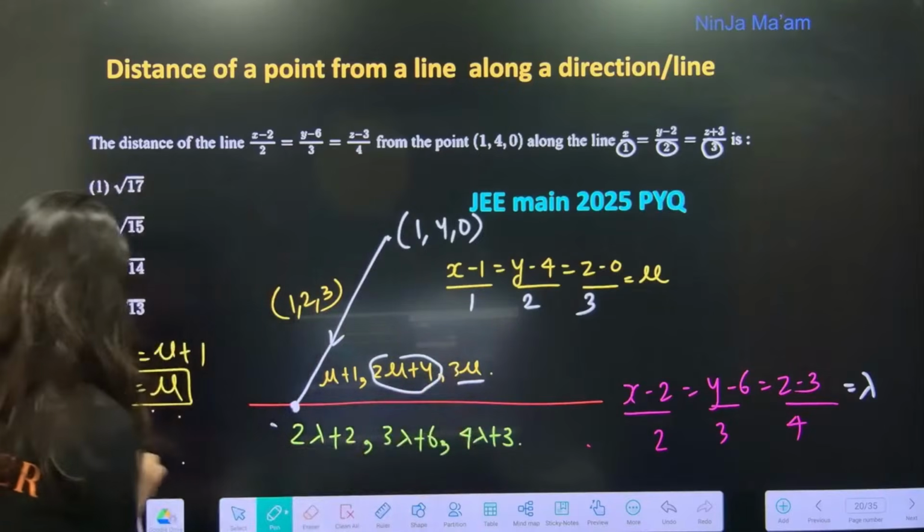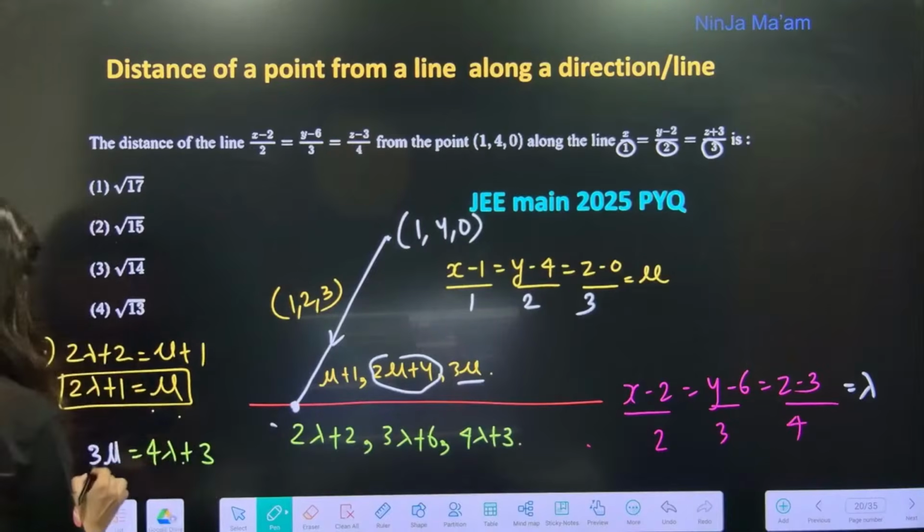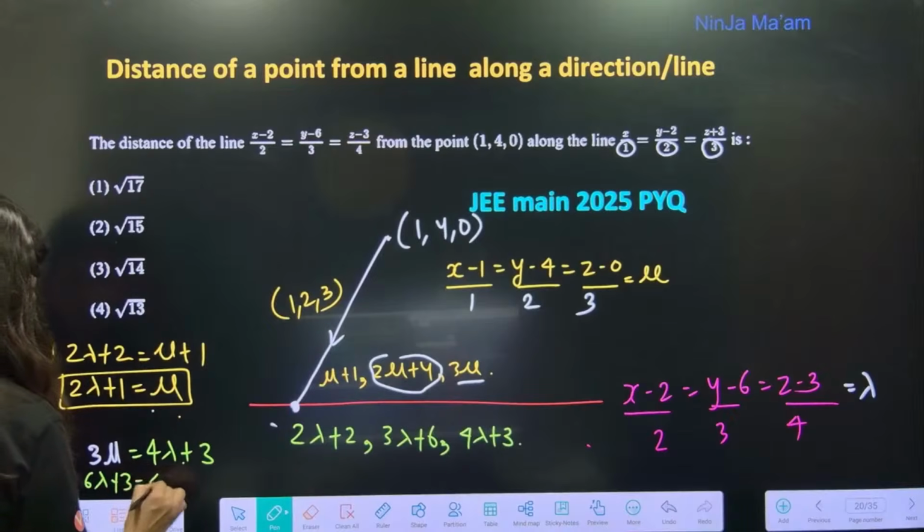Now 3 mu is equal to 4 lambda plus 3. Now put the value of mu. So 3 times mu, 6 lambda plus 3, is equal to 4 lambda plus 3.